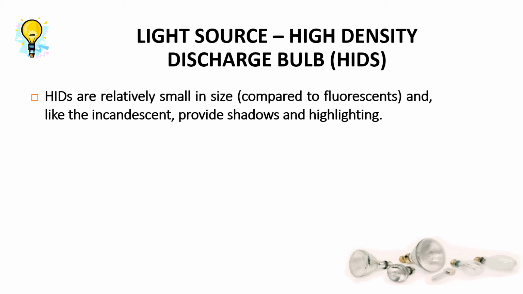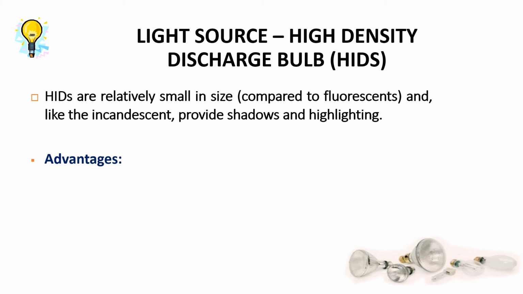The working of an HID bulb is similar to fluorescent light, as the metallic gas in the tube radiates light. HIDs are very small and produce more light compared with incandescent or fluorescent.